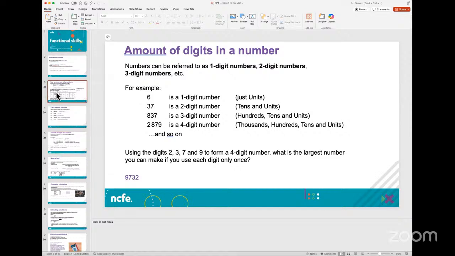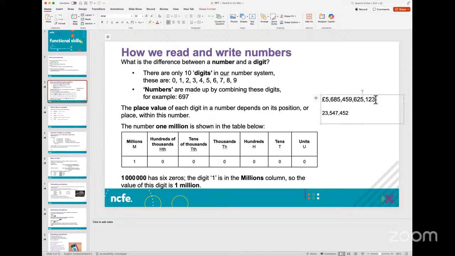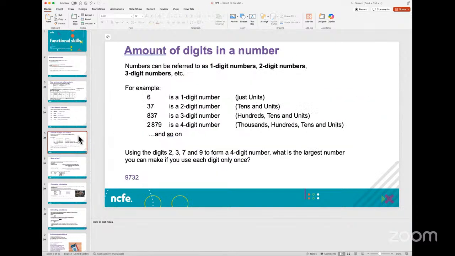So if I go back to this number, how many digit number is this? 1, 2, 3, 4, 5, 6, 7, 8-digit number, right? If I go to this, this is a 14, 3, 6, 9, 12, 13-digit number. So you need to be able to recognize how the numbers are being made and how many digits they have.